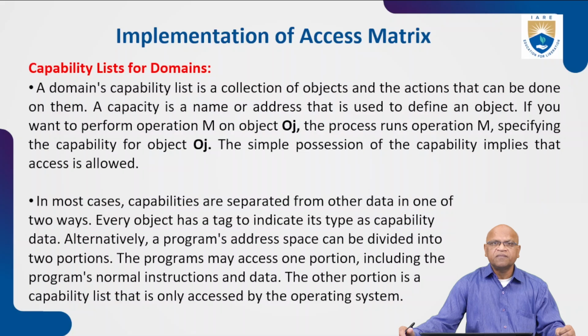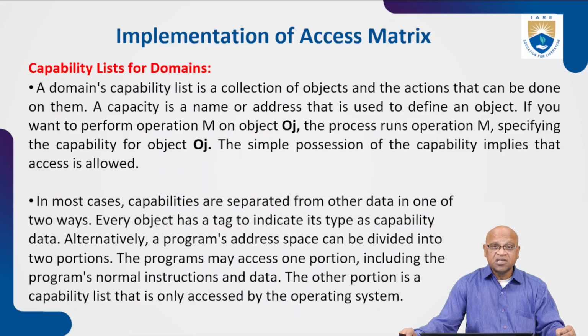A capability is a name or address that is used to identify an object. If you want to perform operation M on object Oj, the process executes operation M, specifying the capability for object Oj. The simple possession of the capability implies that access is allowed.